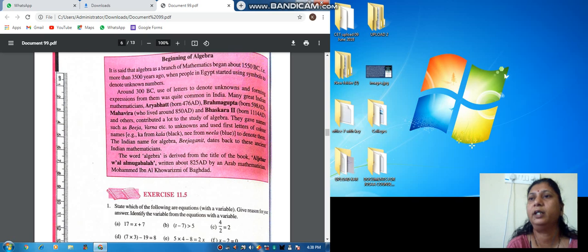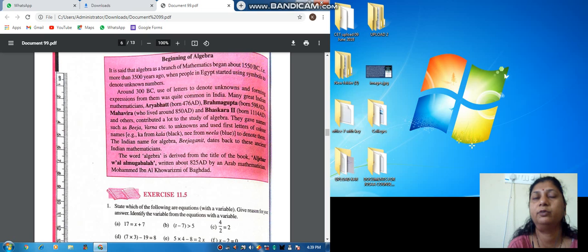Then around 300 BC, the use of letters to denote unknowns and forming expressions with them was quite common in India. That means in India also mathematicians were working on this.